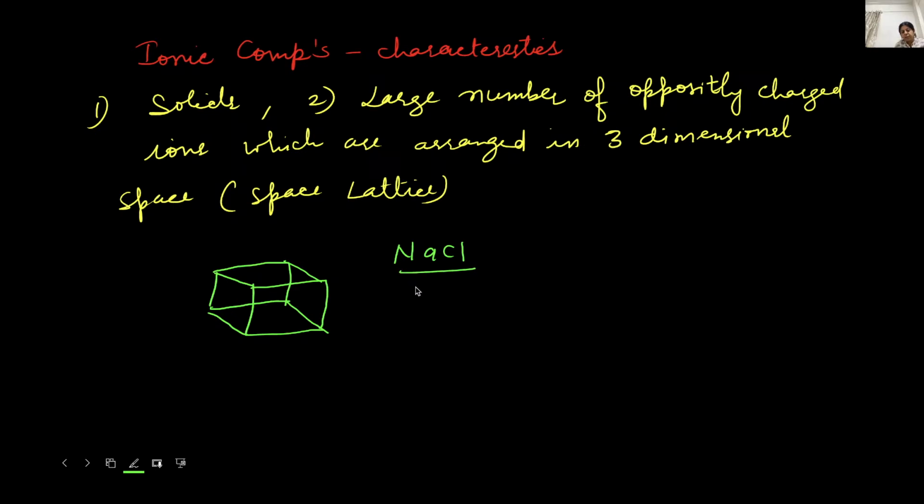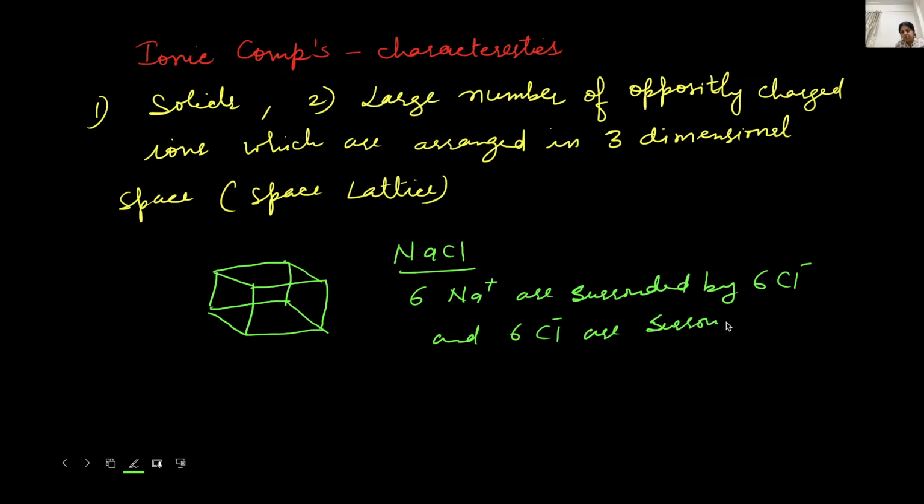In sodium chloride, students, 6 sodium ions are surrounded by 6 chloride ions, and 6 chloride ions are surrounded by 6 sodium ions.